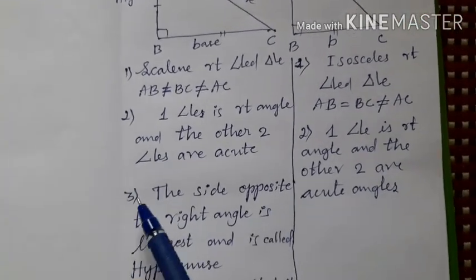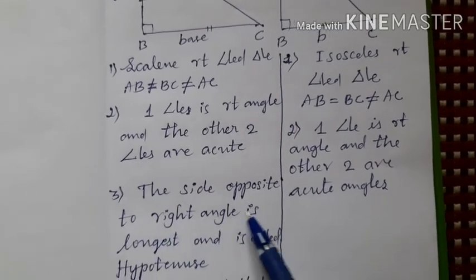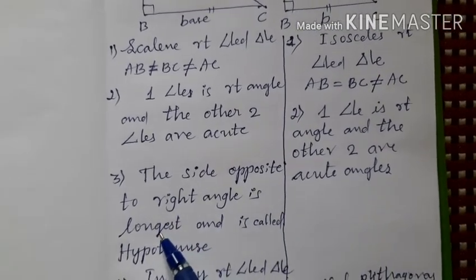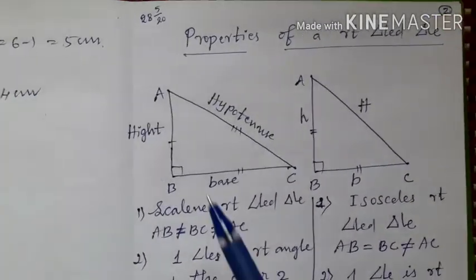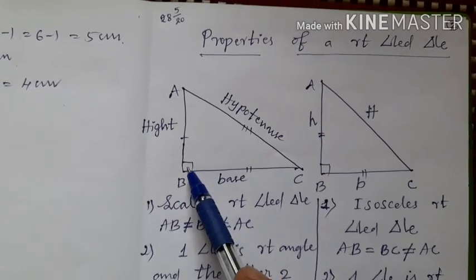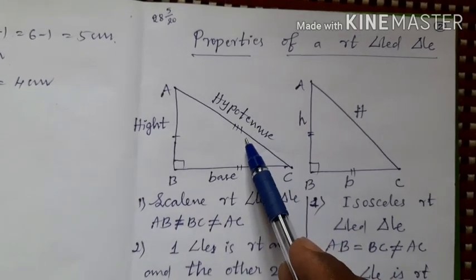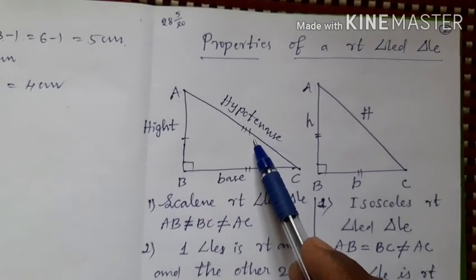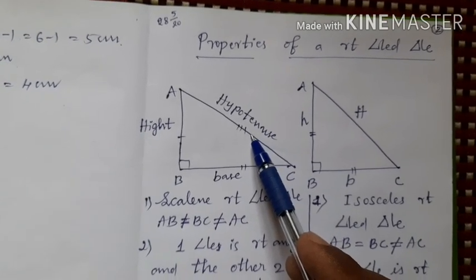Then the side opposite to the right angle is the longest side and is called the hypotenuse. Therefore, children, here the 90 degree angle is B. The side opposite to the right angle is AC. This AC is the longest side in the right angle triangle and this is called the hypotenuse.